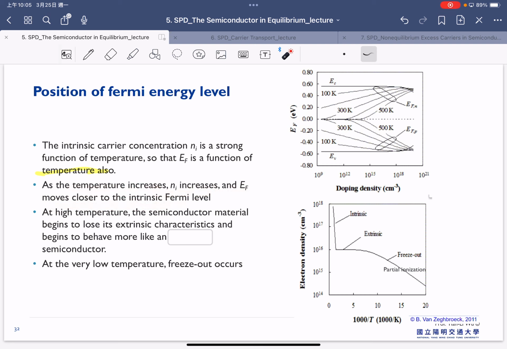You can see this is 100K, this is 300K, and this is 500K. Once you increase the temperature, EF gets close to your intrinsic Fermi level. At high temperature, the semiconductor material loses its extrinsic characteristic and begins to behave like an intrinsic semiconductor.